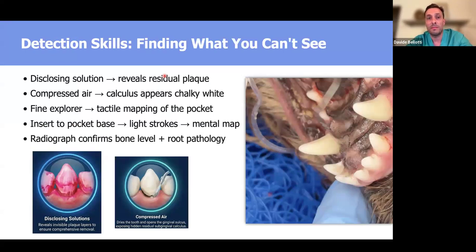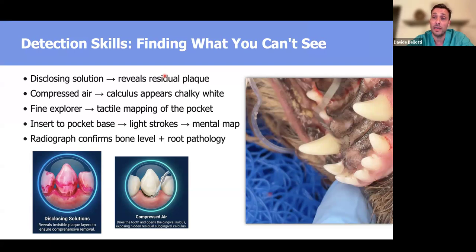One of the main problems of closed root planing is that there is not a good visualization of the area. So we can use some disclosing solution to reveal residual plaque. We can use compressed air to open the pocket a bit and see if the calculus appears chalky white.